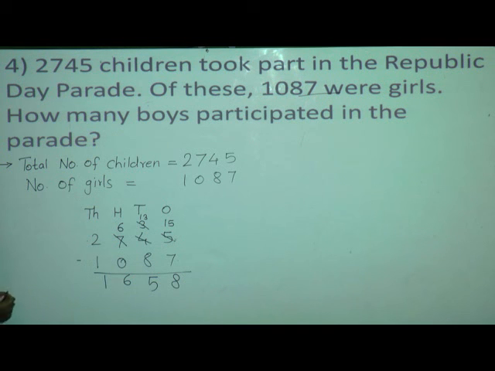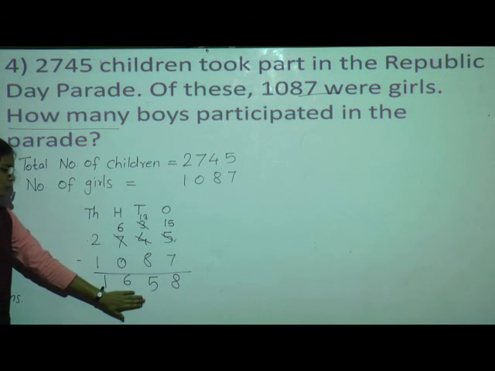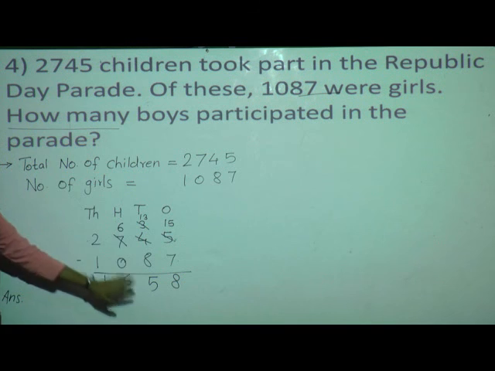How will you write then? See the question. What is the question? How many boys participated in the parade? See, how many? This word only we have to remove, and instead of these two words, we have to put the answer. This number we have to put. Then we will get the answer. Okay.